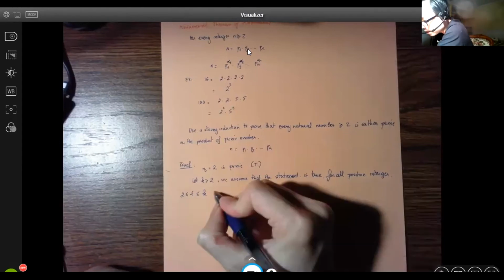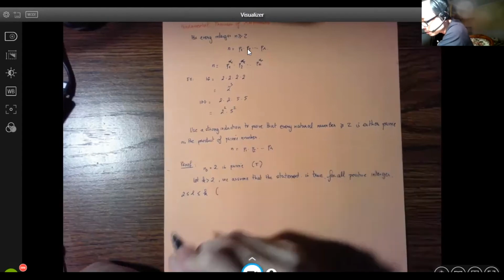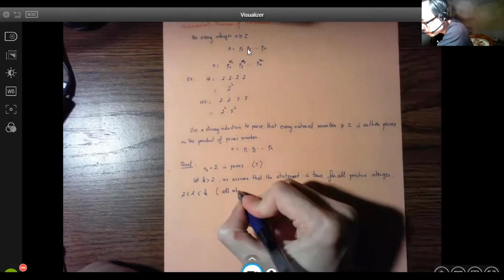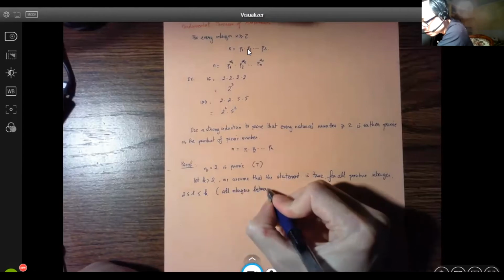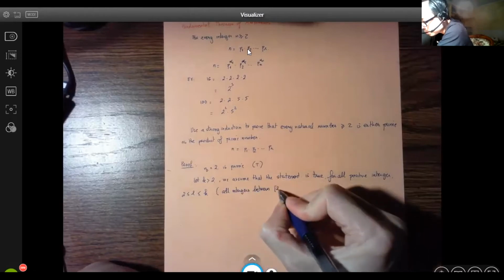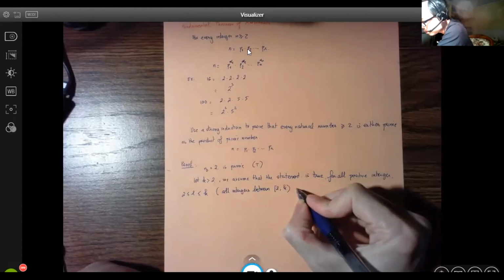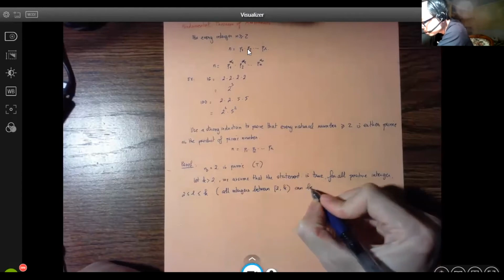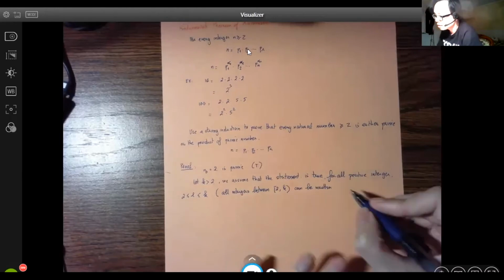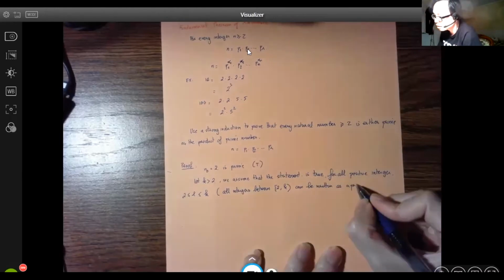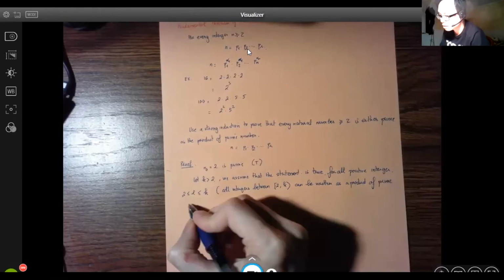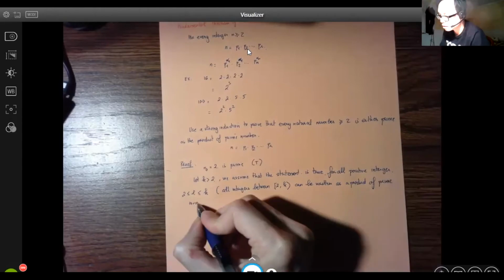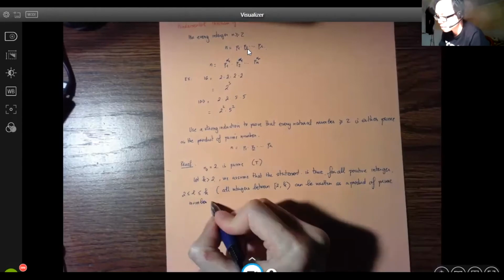So it means that all integers between 2 and k can be written as a product of prime numbers or a prime itself.